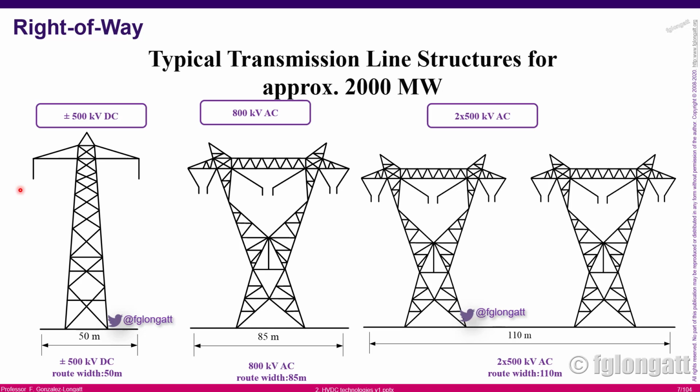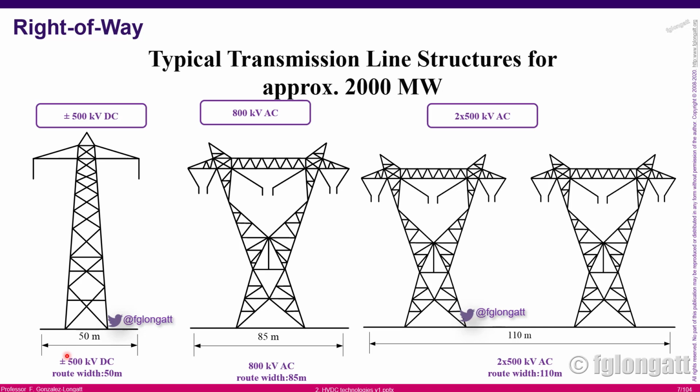And as you can see, something that is extremely important when we are creating transmission lines is what we call the right of way. The right of way is the land that is immediately underneath the transmission line. And that is 50 meters, for instance, for this 500 kV.